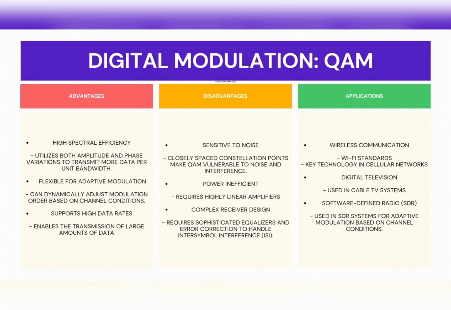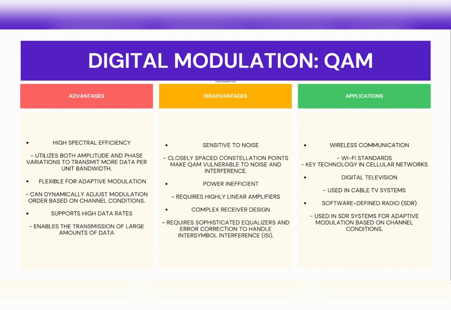Next, it is flexible for adaptive modulation. It can dynamically adjust the modulation order based on channel condition. And the last one is that it supports high data rates by enabling the transmission of large amounts of data.